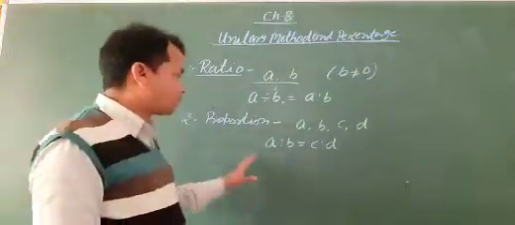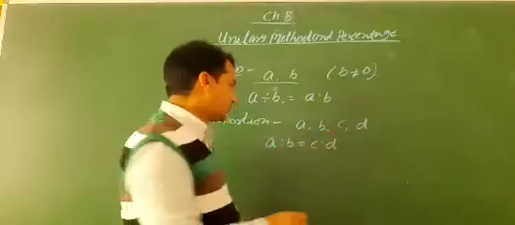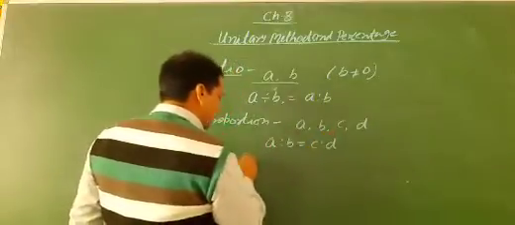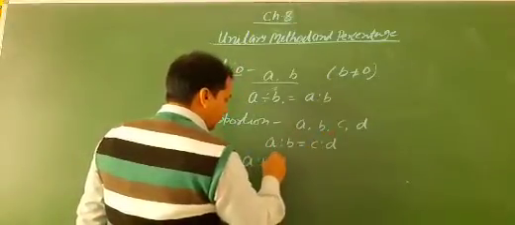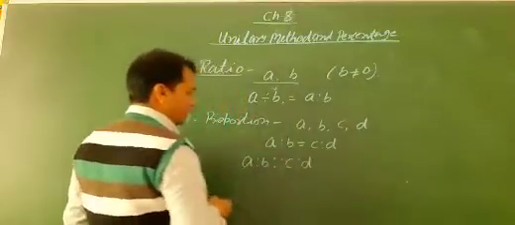And in terms of proportion we can write, for the four numbers, a is to b as c is to d.